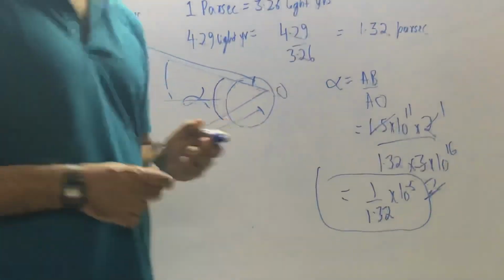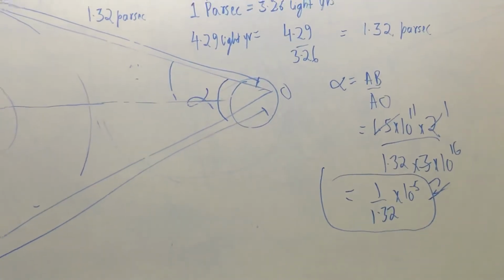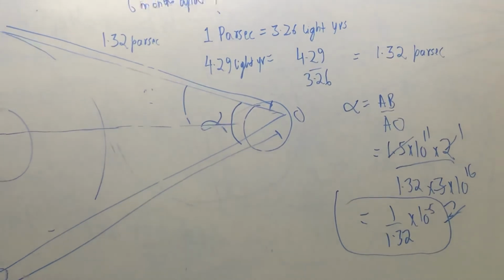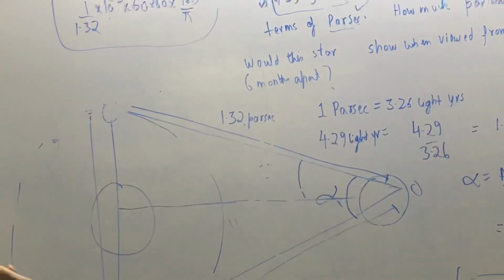So I showed you the two methods. You can do this question by two methods. This is an important question. It is the application of parsec that we studied 10 minutes ago.